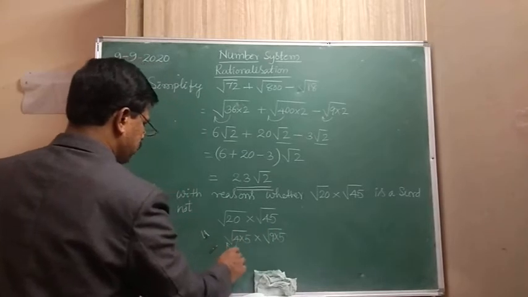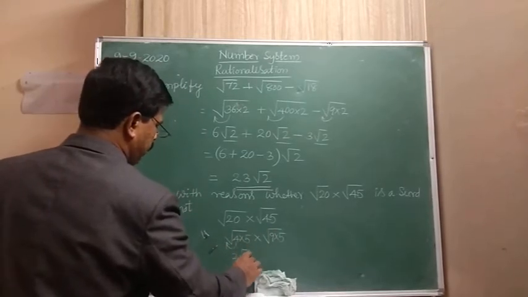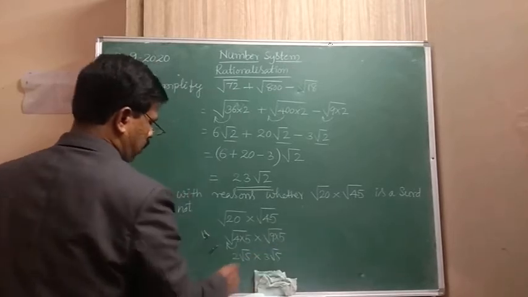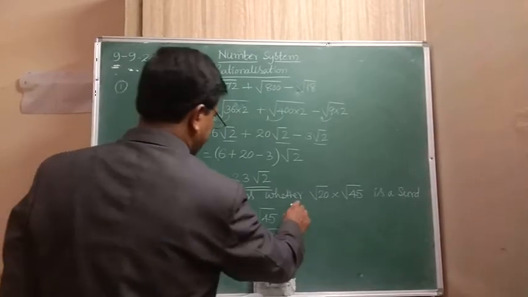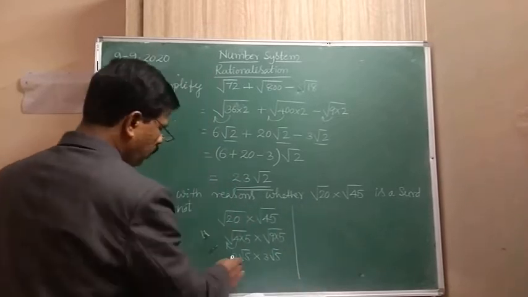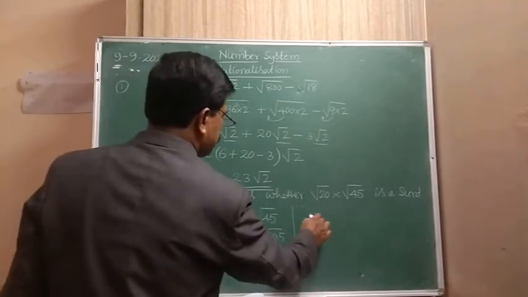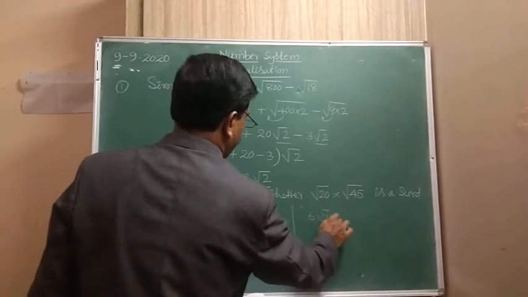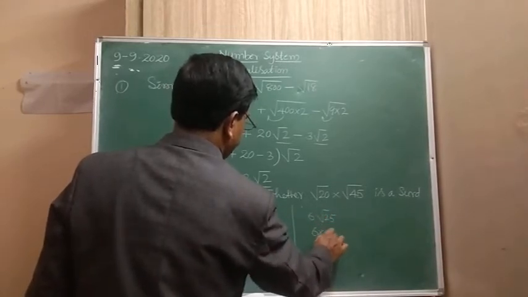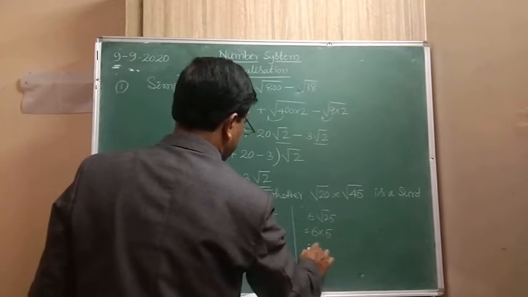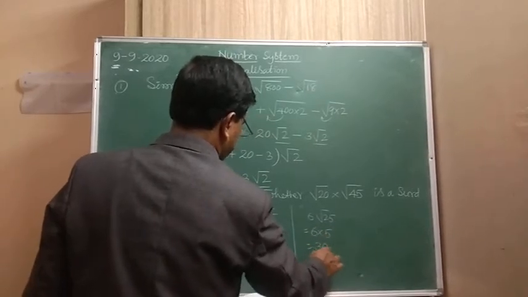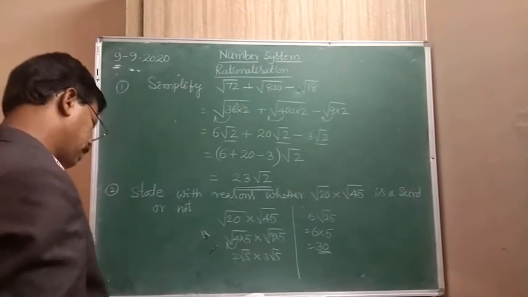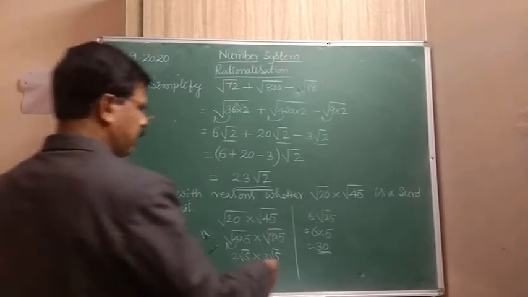On taking the square roots, this is 2 root 5 and this is 3 root 5. Now on multiplying, 2 threes are 6 and root 5 into root 5 is root 25, which is 5, then 6 into 5 is 30. So there is no square root symbol, which is a rational number and therefore is not a surd.